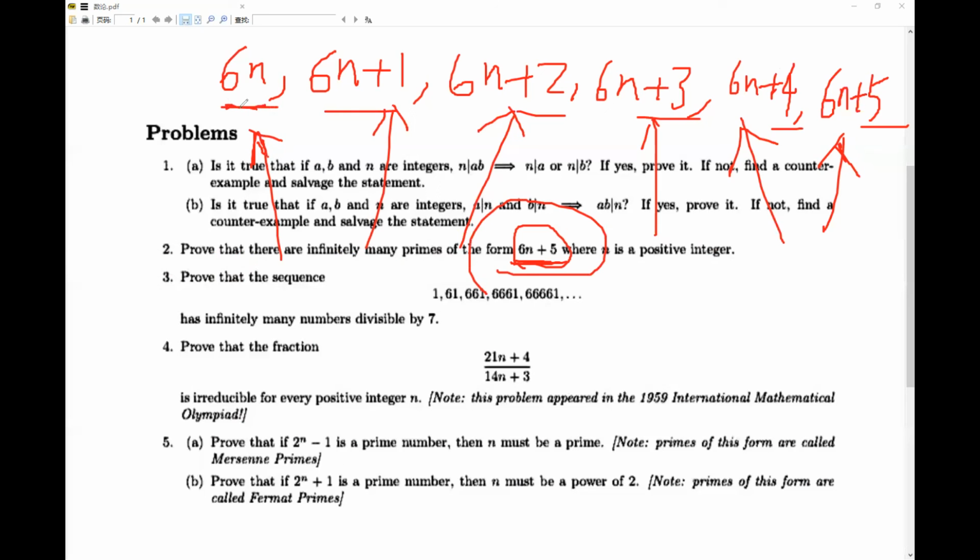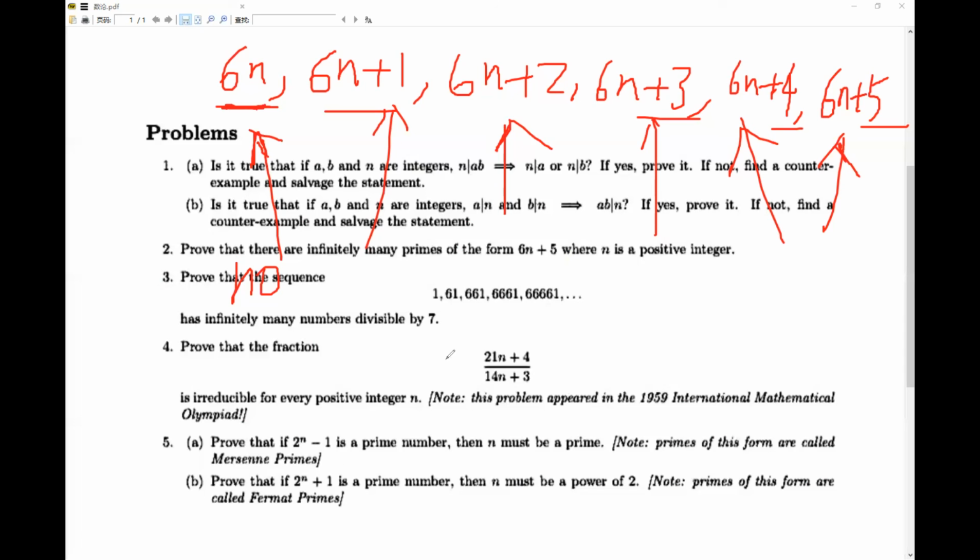So 6n, is 6n a prime number? No. Next, 6n plus 1, we'll come back to it. Now, 6n plus 2. Can it be prime?